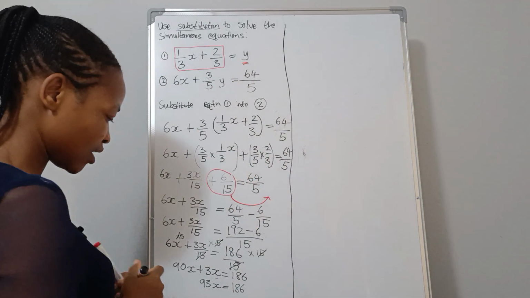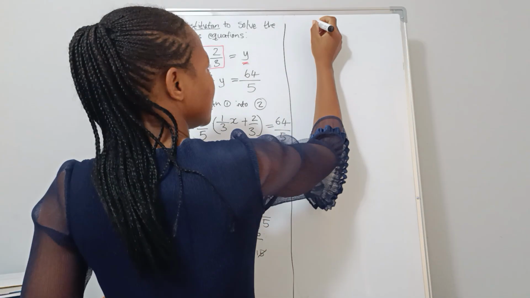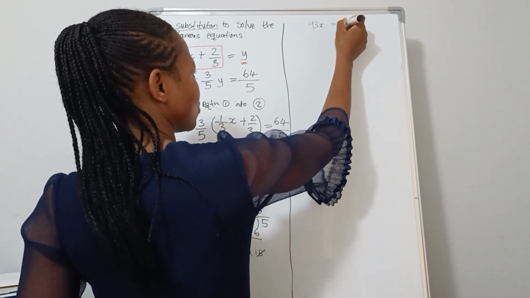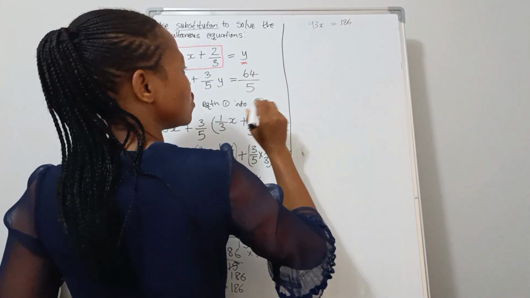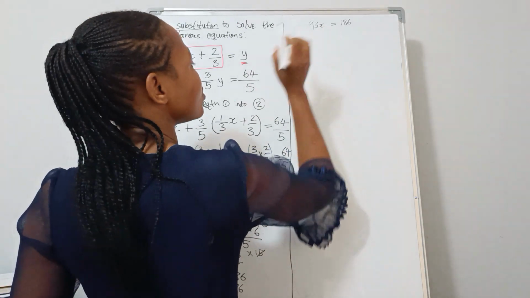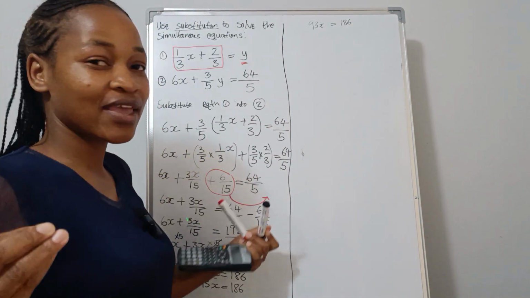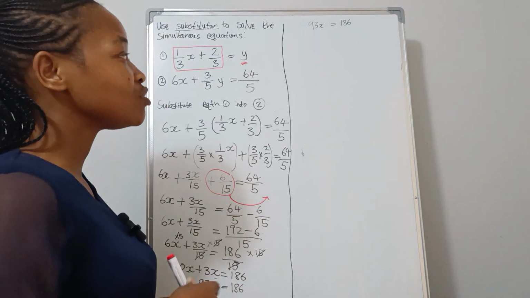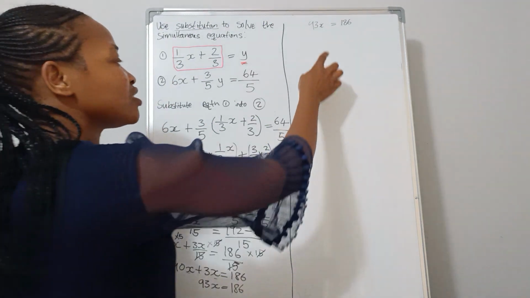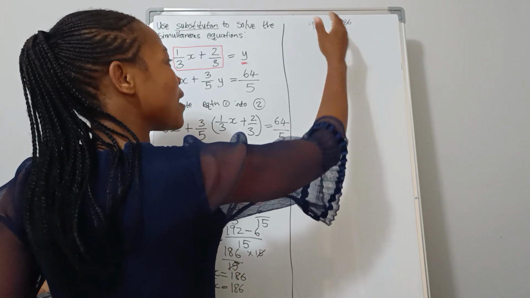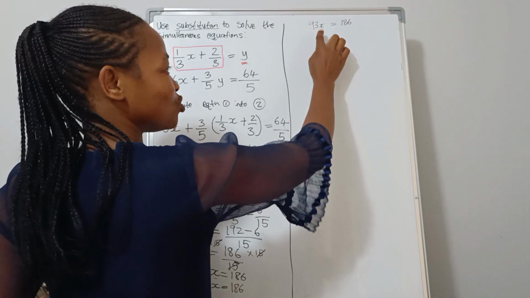Let's take it to this side now. So we have 93x equals 186. We want to be left with only x this side, so we have to eliminate the thing that is with x, which is the 93. And how do we do it again? We take this 93 from here to there by doing the opposite of what it's doing currently.